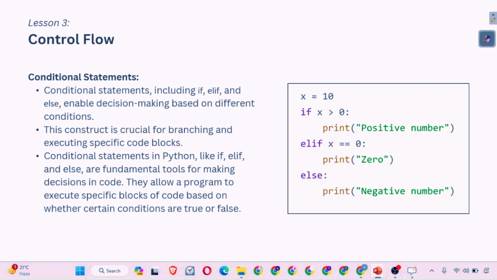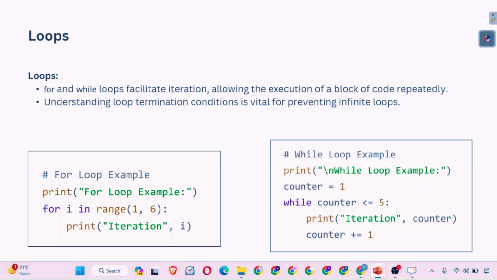Basically, whenever you put some conditions and you are going to print something when they are true, these if and else if statements will help you in such situations. Similarly, we have loops, like for loop and while loop. They allow you to execute a certain set of code repeatedly until the code reaches certain termination conditions.